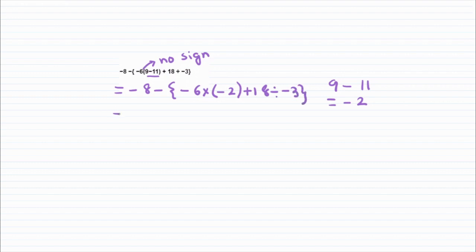Next, minus 8 minus curly bracket, we will finish this operation first. So negative 6 and negative 2 on multiplication, they are giving me positive 12. So 12, and when there is no sign written in front of any integer, it is always considered a positive sign is silently present over here.